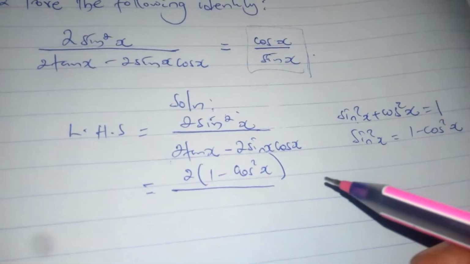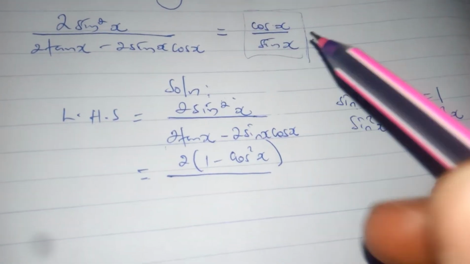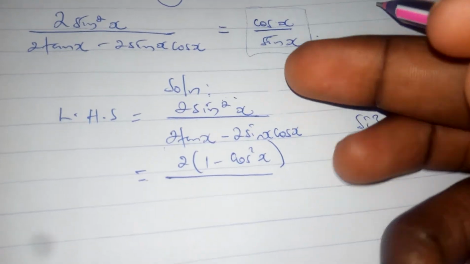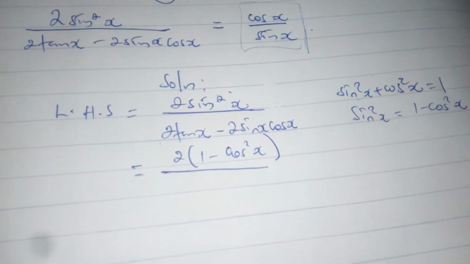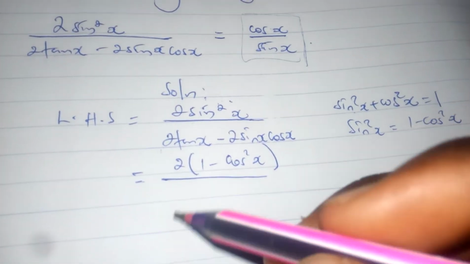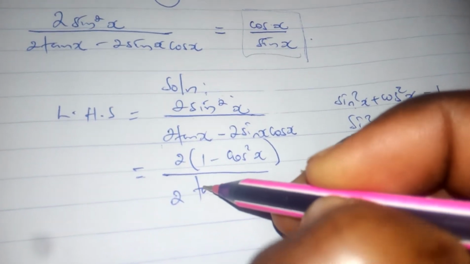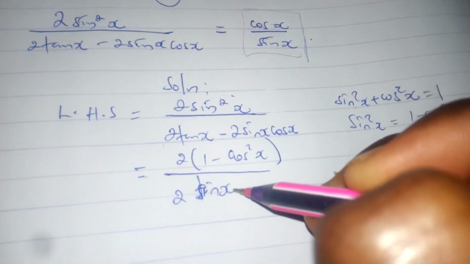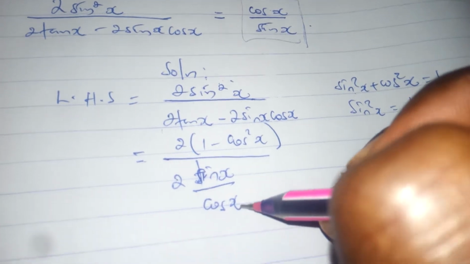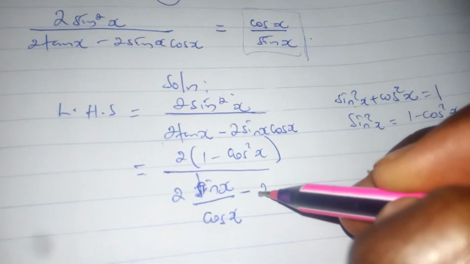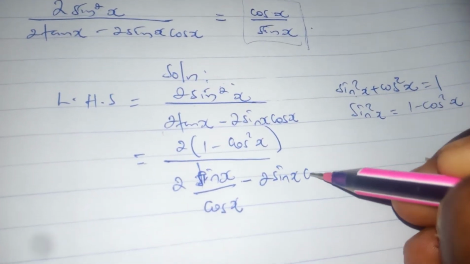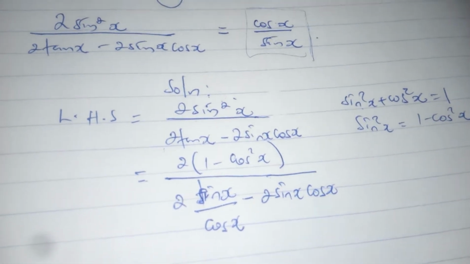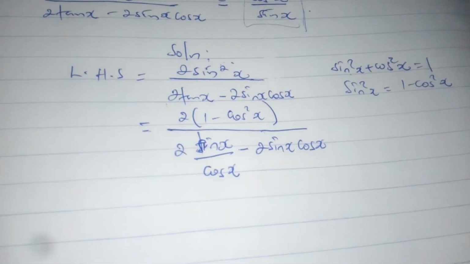Out of tan, we are now trying to manipulate it to have at least sine. So tan can be changed into sine x out of cos x, right? Then we have minus 2 sine x cos x.